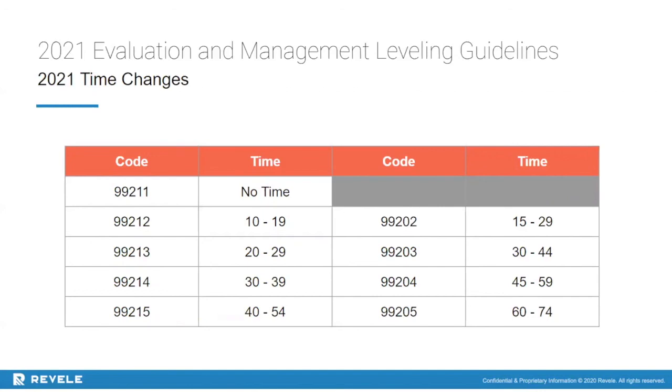Time beyond the allotted amount of level 5 codes, 99215 or 99205, will be considered prolonged services, which we will learn further in the presentation. Note that 99215 time ends at 54 minutes and 99205 time ends at 74 minutes.